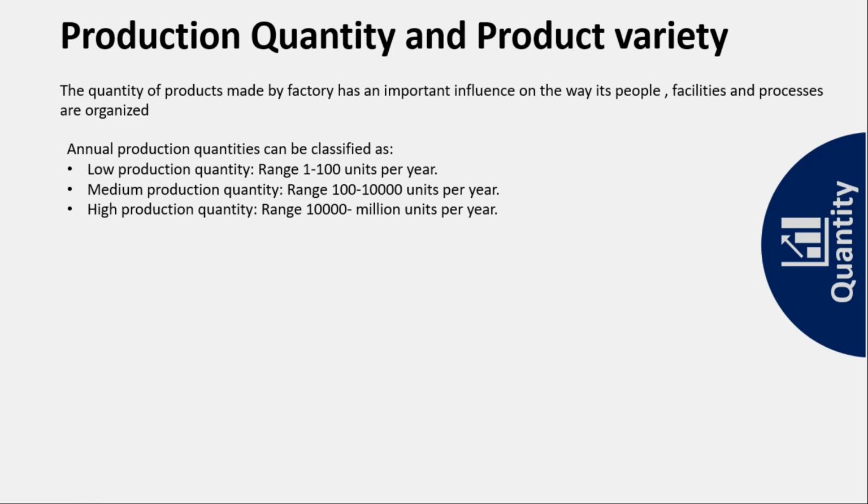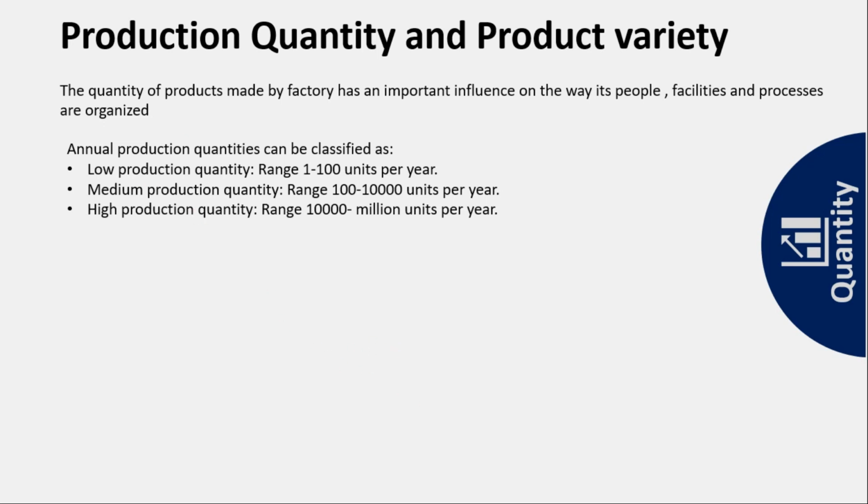So the way the machinery and the labor are arranged is different than in the factory where matchsticks are made, which makes approximately millions of matchsticks in a single year. Right? So it has a different arrangement of machinery and its human capital.